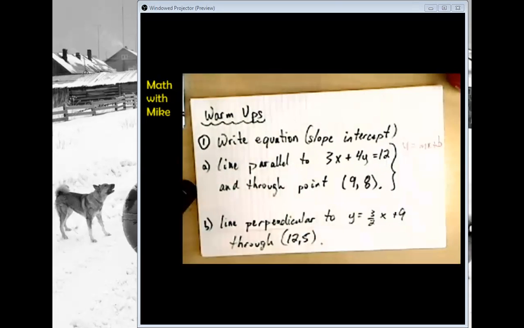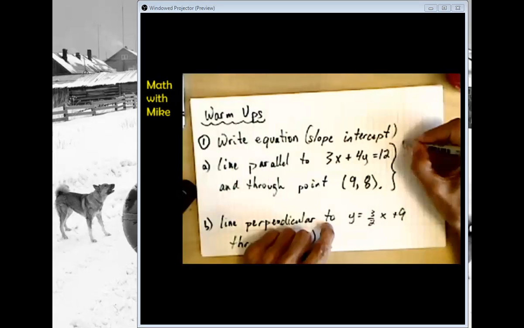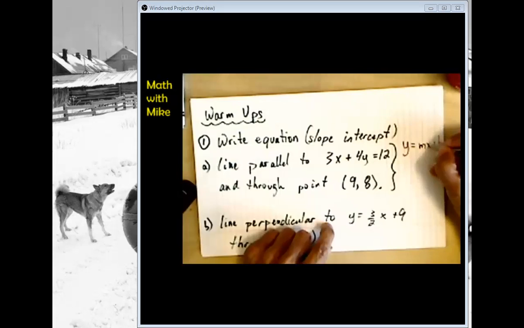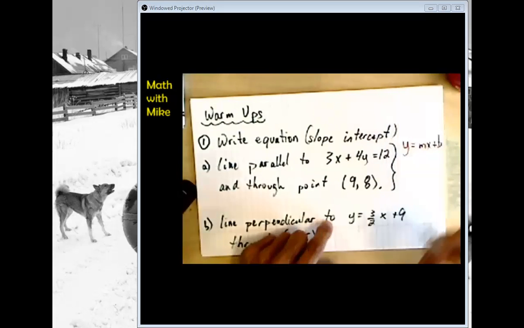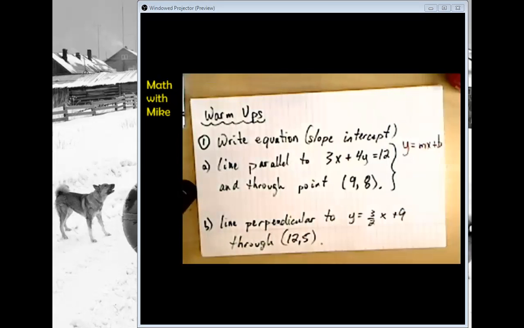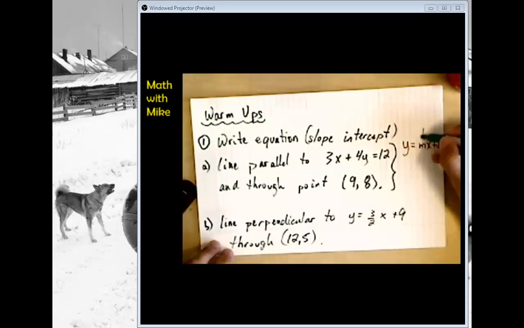Y is equal to mx plus b. Okay, perfect. So what two numbers then do we need in order to get this equation figured out? m for sure, and of course the other one, b, there at the end.